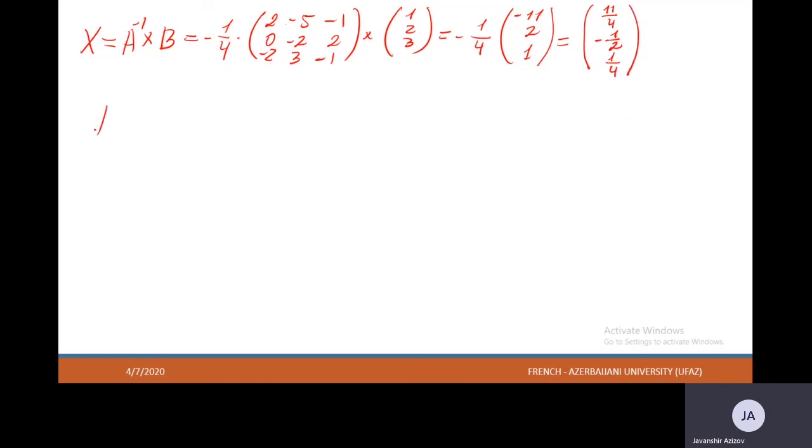Then the solution set of the system will be this one: 11 over 4, minus 1 over 2, 1 over 4. As you see, the solution set consists of only one solution because the system has a unique solution.